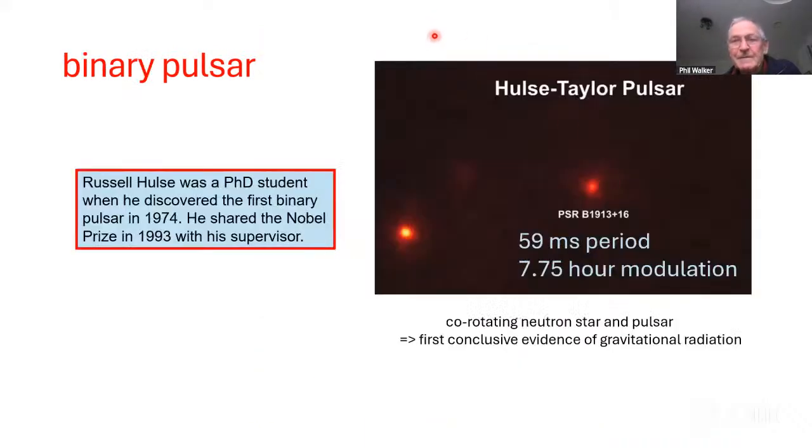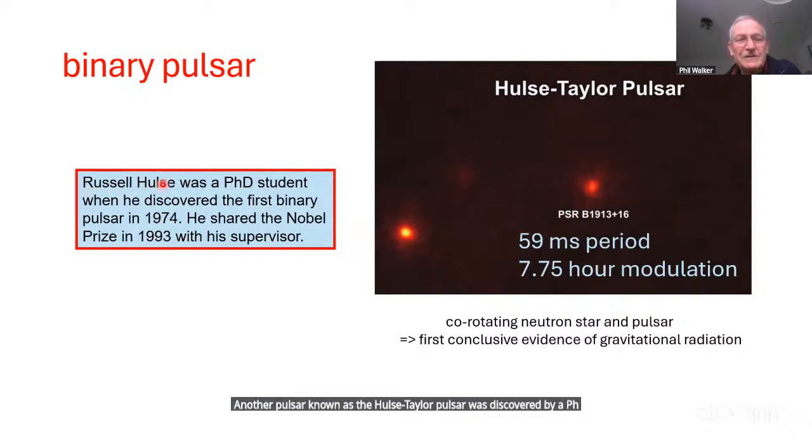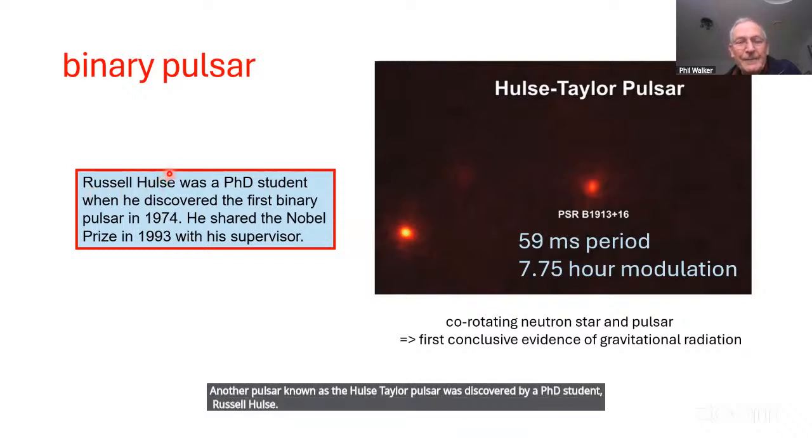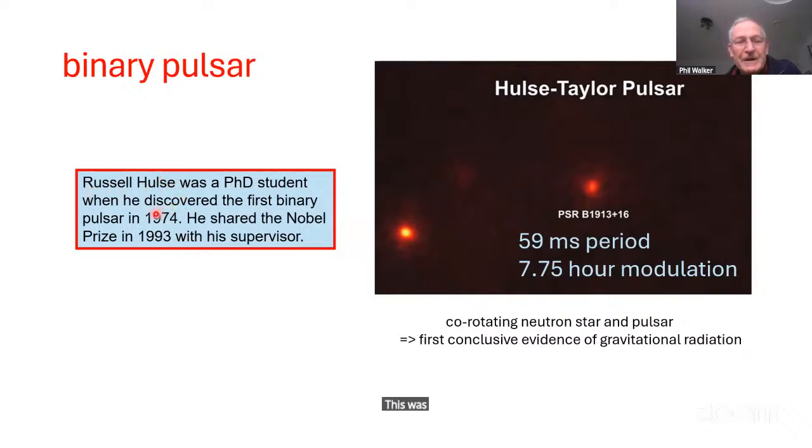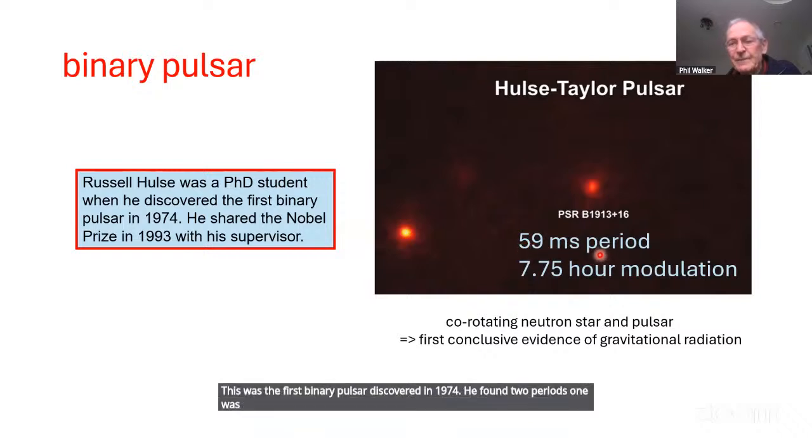Another pulsar, known as the Hulse-Taylor pulsar, was discovered by a PhD student, Russell Hulse. This was the first binary pulsar discovered, in 1974. He found two periods. One was 59 milliseconds, but it was modulated on a timescale of nearly 8 hours. And he realized that it was a binary pulsar.